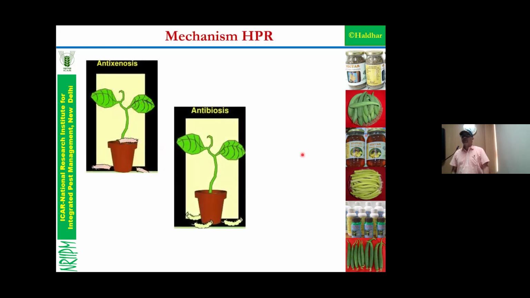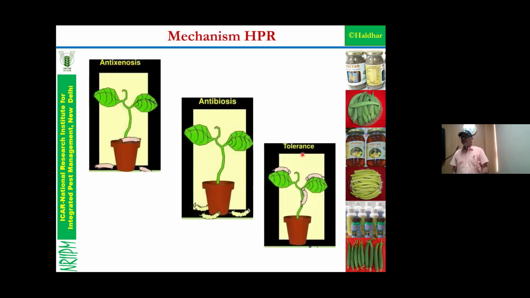Then second is antibiosis, meaning allelochemicals like phenols, flavonoids, alkaloids, and tannins. If plants or genotypes have more of these, they are resistant to insect pests. This is also found. And last is tolerance, which may be due to antibiosis, antixenosis, or tolerance itself.